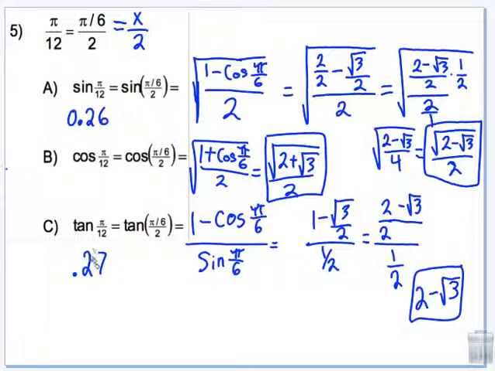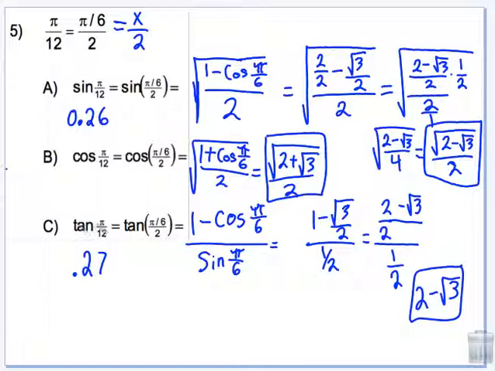Okay, now with tangent, it's a little bit different. You have 1 minus cosine pi over 6 divided by sine pi over 6. Again, you substitute in square root of 3 over 2 for the cosine pi over 6, and you have to multiply by your reciprocal. You end up getting rid of the 2's here in the denominator, and so your final answer for tangent is 2 minus the square root of 3.